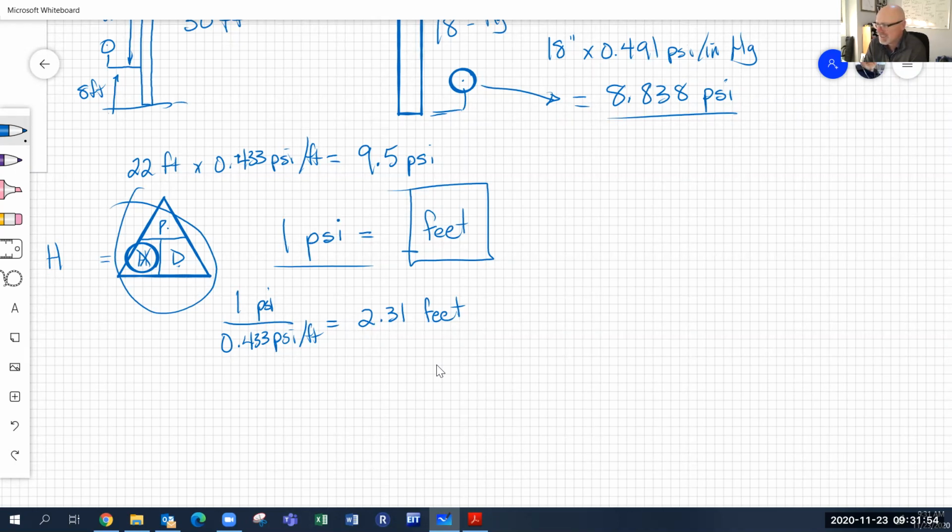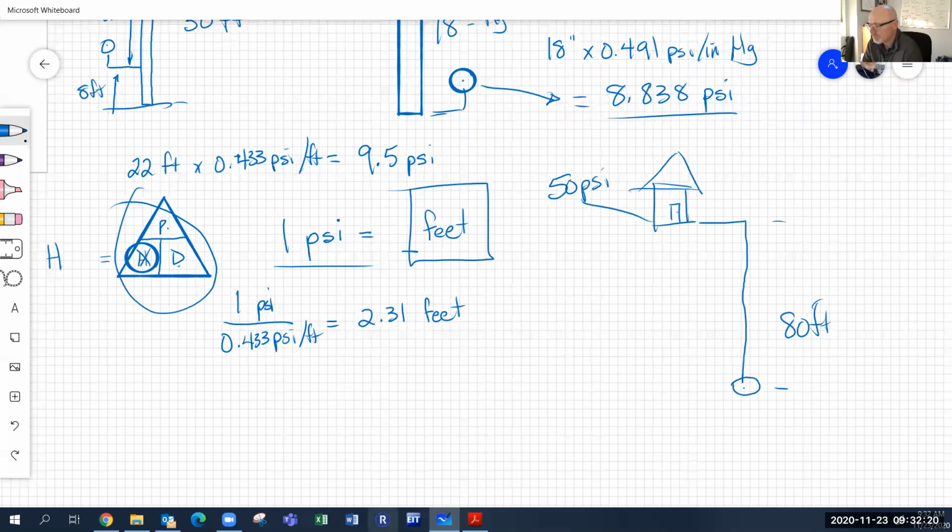So for example, if I had a little house here on the prairie and I needed a well, and I'm going to say that my well is 80 feet deep, and I need 50 PSI in my house so I can operate all of my fixtures.